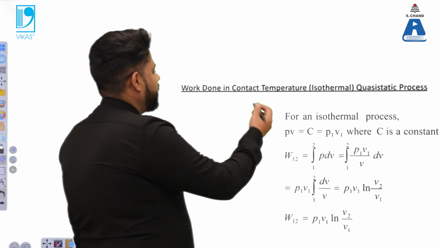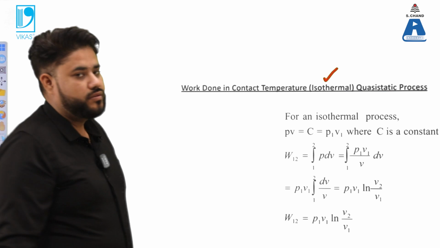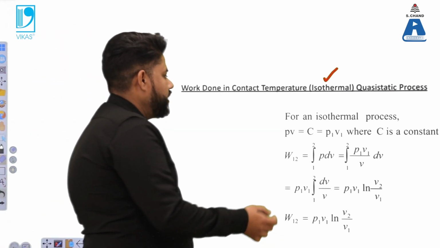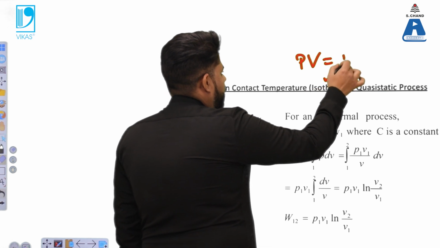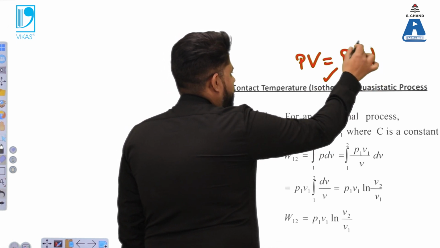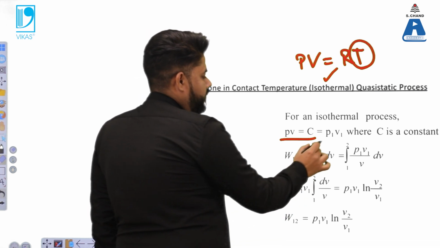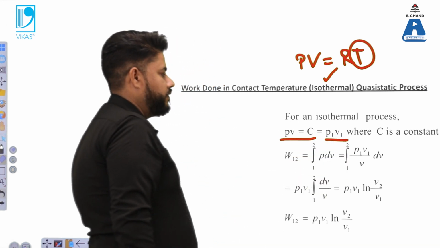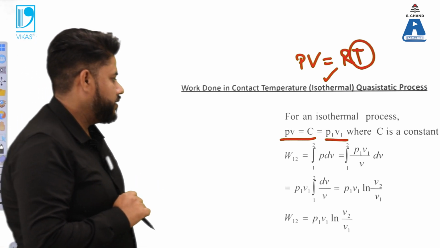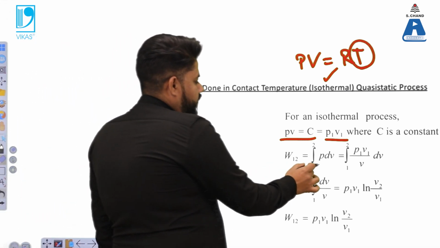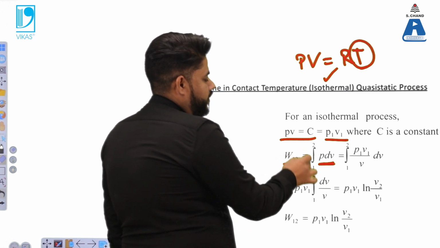Then for a case in which temperature is constant, let's say an isothermal case, you have the equation PV equals nRT, in which the temperature is constant, so we get PV equals constant. That means P1V1 can also be equivalent to this. So for the work done, we'll integrate PdV from 1 to 2.